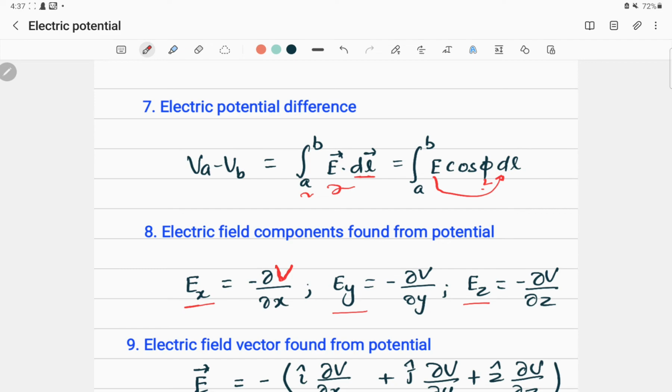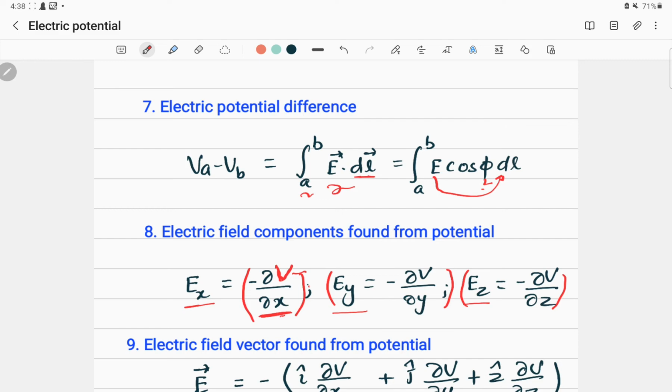Because to get the electric field components, we have to take the partial derivative of the electric potential. This is the potential, and we are taking the partial derivative. This is the x component of the electric field, this one is the y component of the electric field, and finally the z component of the electric field.